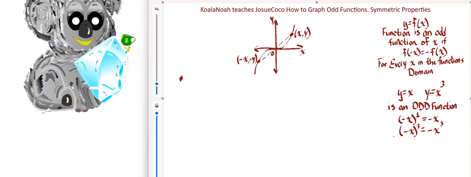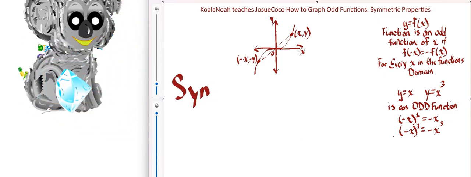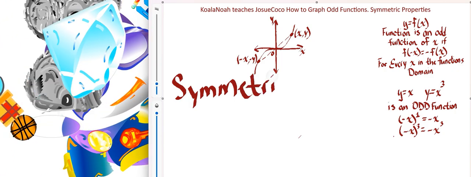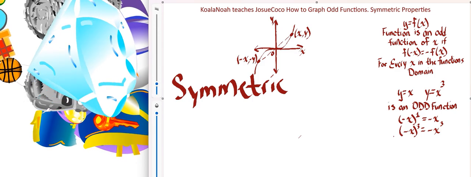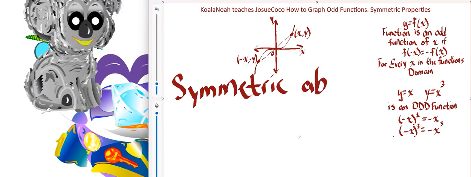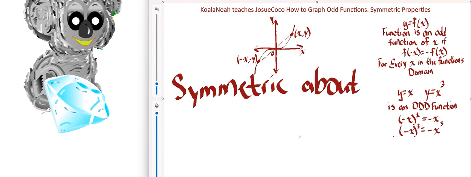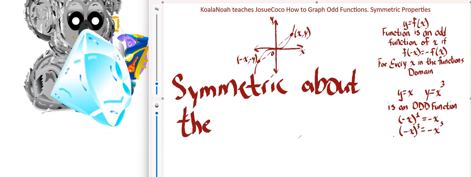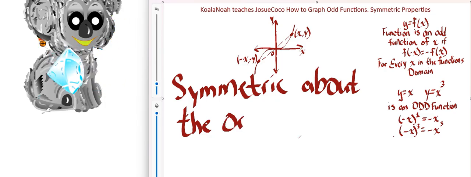Let's make some space here. Once again, symmetric about the origin.